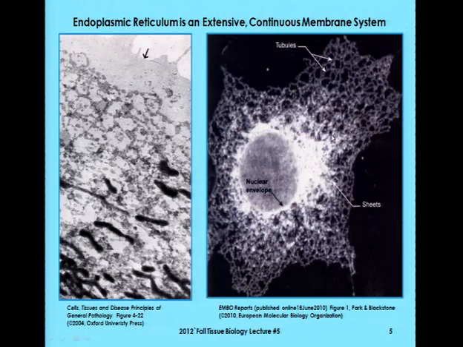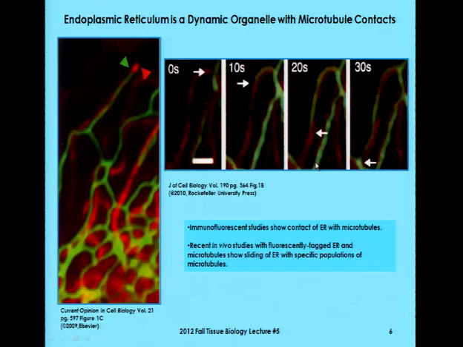Now, quite amazingly, the micrograph that we see to the right here is a fluorescent micrograph generated from studies of 2010, and we see evidence of the same type of tubular network that Keith Porter observed back in 1944. In addition to this extensive tubular network that extends throughout the cytoplasm, there are dense areas here closer to the nucleus. And in this dense area is where we find the sheets of the endoplasmic reticulum.